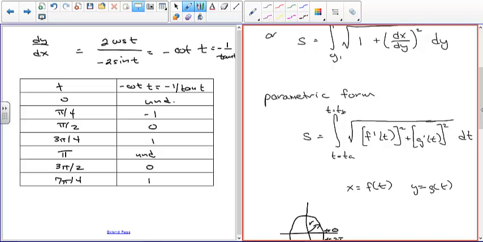So in our previous case, f of t would be 2 times the cosine of t, and y would be equal to 2 times the sine of t. And you take the derivative with respect to time, and you square them, and you take the square root, and integrate with respect to t from the two values of the parameter.